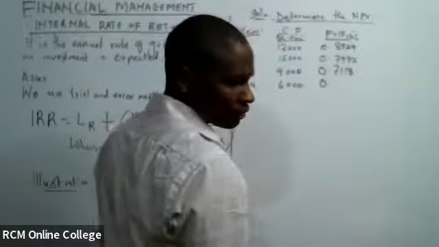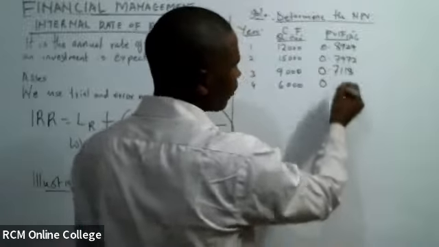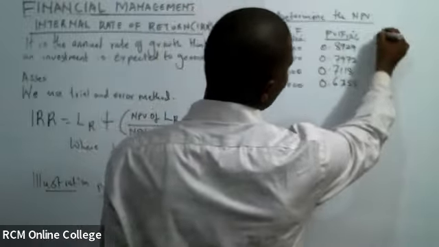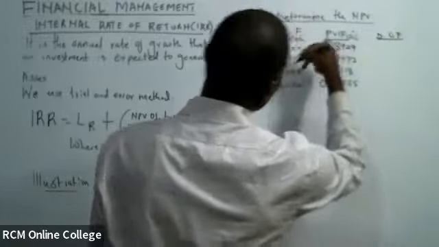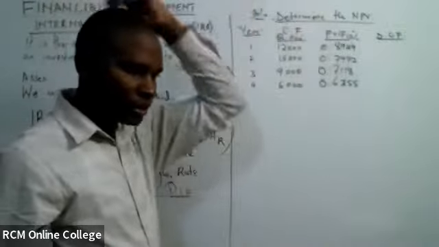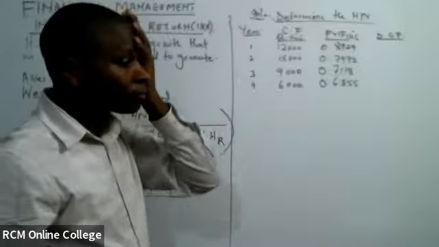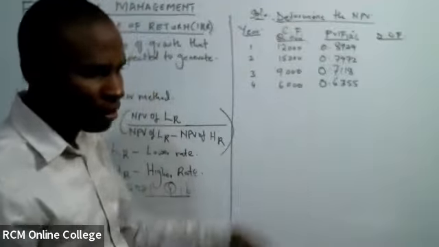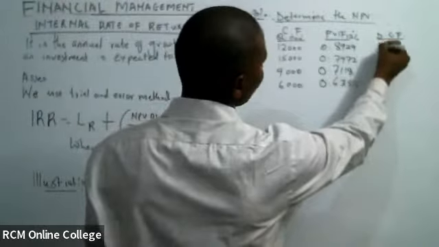And the last one 63.55. We are done. Then we get the discounted cash flow here. Just take the cash flow times the PV. Step one, you can eliminate the decimal points. 10,715.